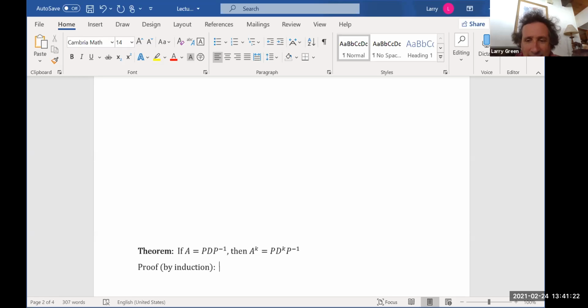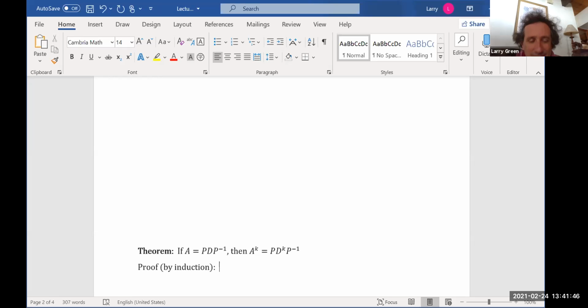I like to use k. I don't think the book made a good choice because A is an n by n matrix, and this works for any power, not just the dimension of the space. So if you read the book, you'll see n, and it really should be k. It'd be better. Okay. All right.